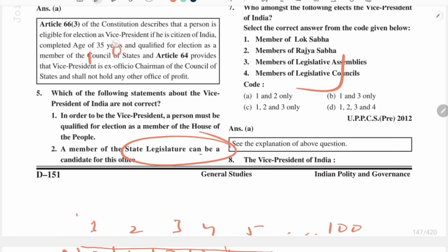This has been created to avoid conflict of interest. In our constitution, we have separation of power, so the executive and legislature are different. Though there are some exemptions like ministers. Ministers are part of the legislature and also part of the executive.